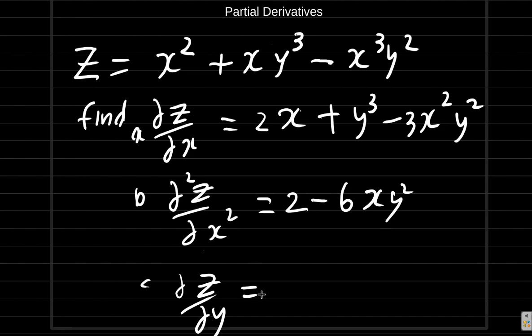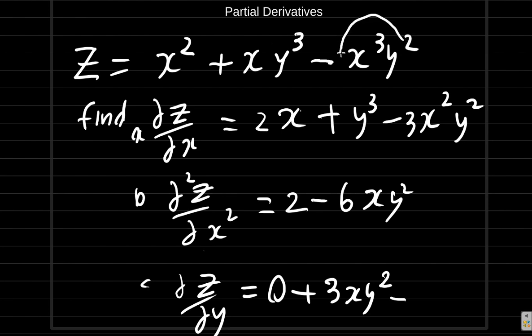The partial of z with respect to y. So here, this will amount to 0 because you're treating x as if it's a number. Plus, well, we're going to bring down the 3 times xy to the 3 minus 1, which is 2, alright, minus, and then what do you have here now?